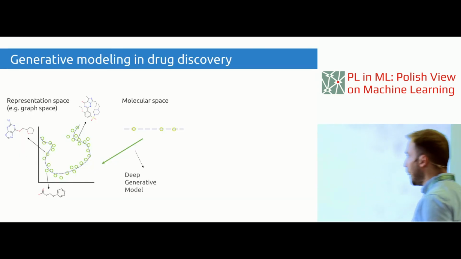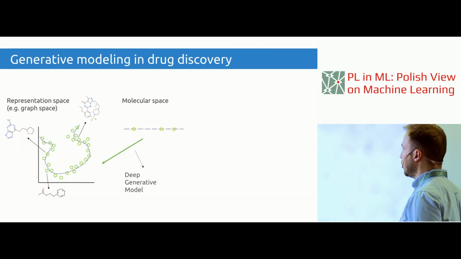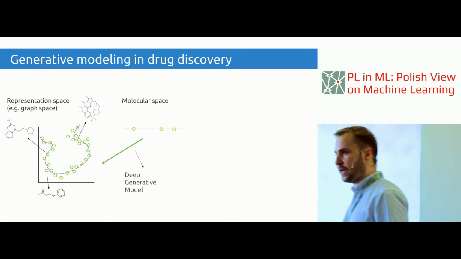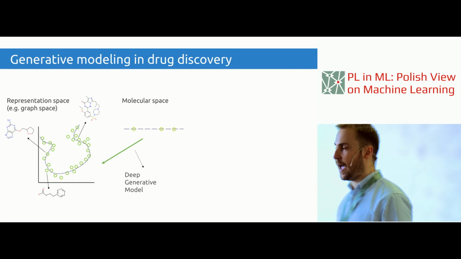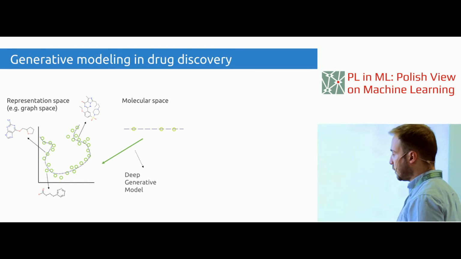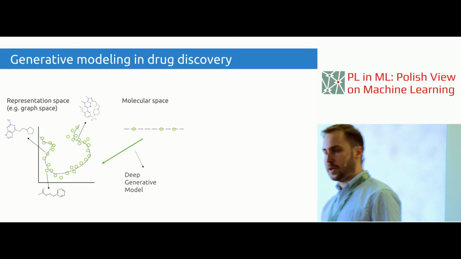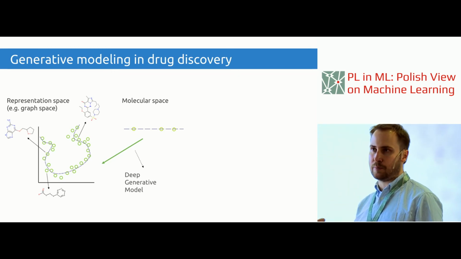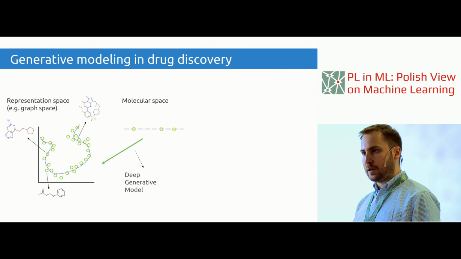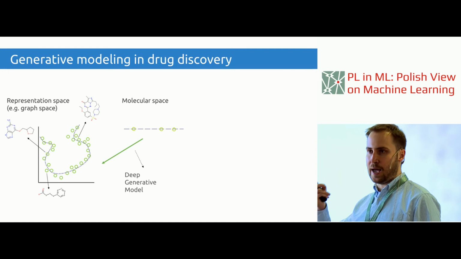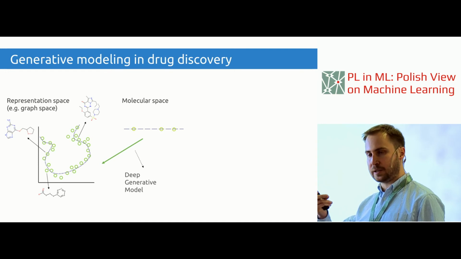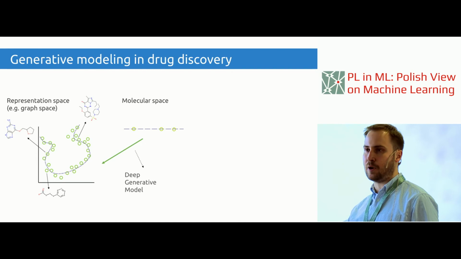Just to give you the idea what generative modeling is all about. Let's imagine that you have your representation space. In our case, this is just a space of all possible graphs. And of course, not every graph is a proper molecule. I would say more: you have to be really lucky to find a point in this space that will be a valid molecule.